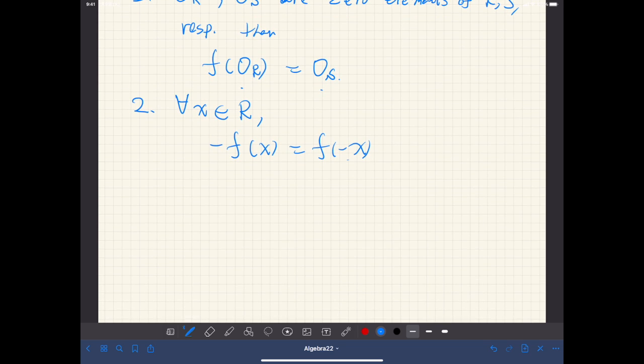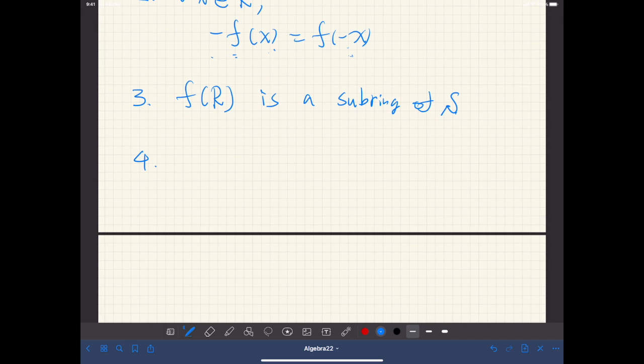Of course, negative x means the additive inverse of x, and negative f of x is the additive inverse of f of x. And third, the image of f, f of R, is a subring of S.